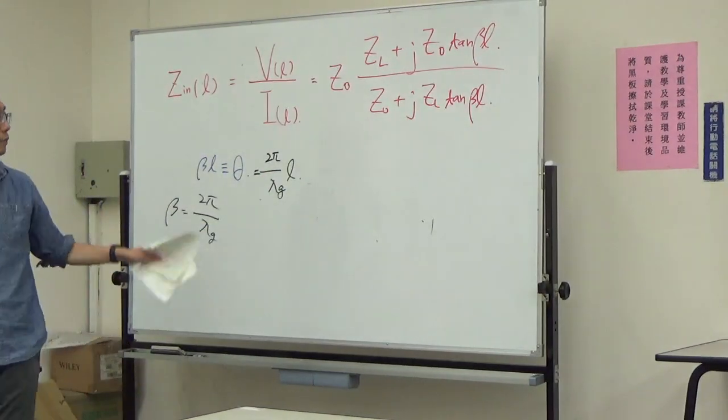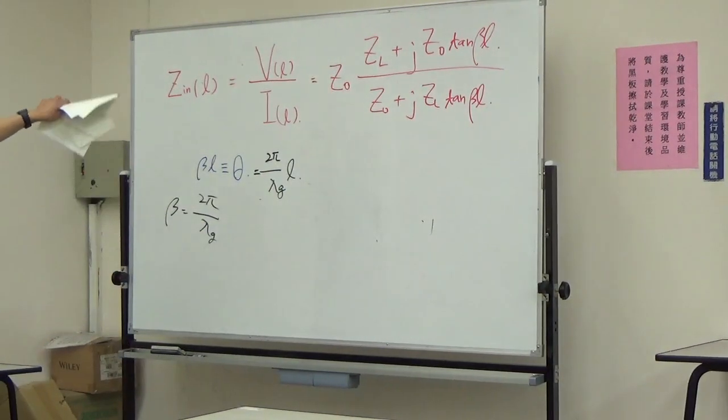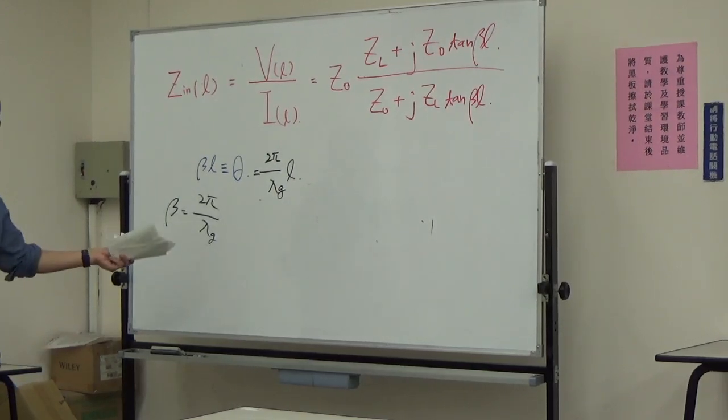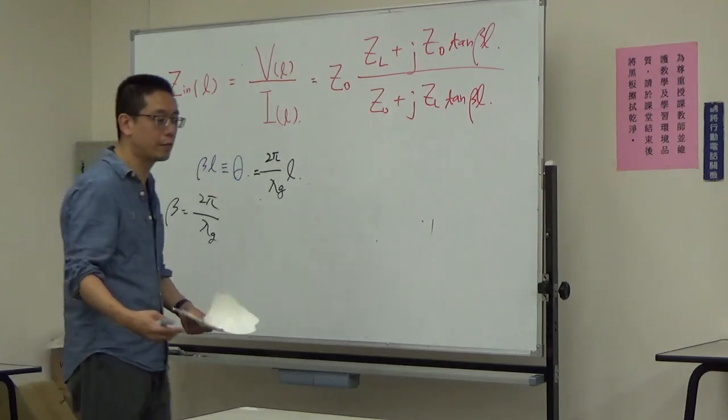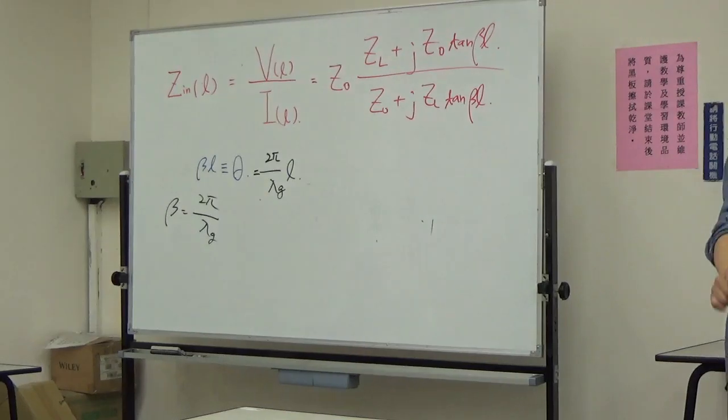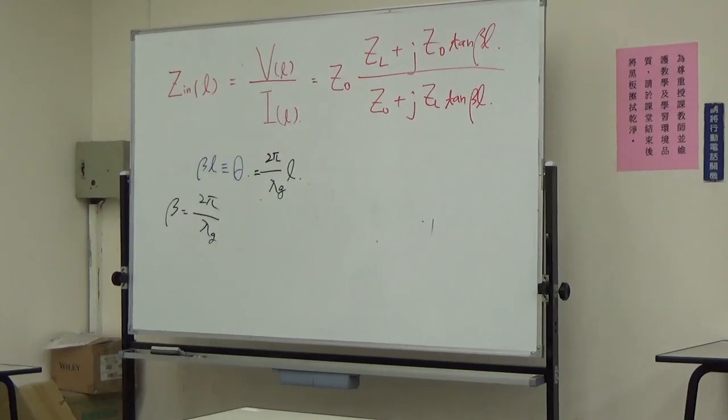Those are important, so I write them down here. You need to be very clear about everything through chapter 1 until here. Everything is important. That's why we need a lot of exercise again and again. You should not miss anything.